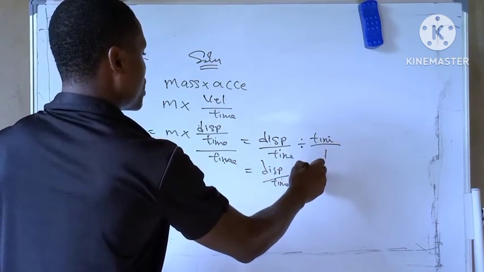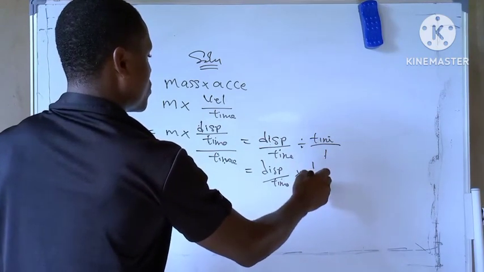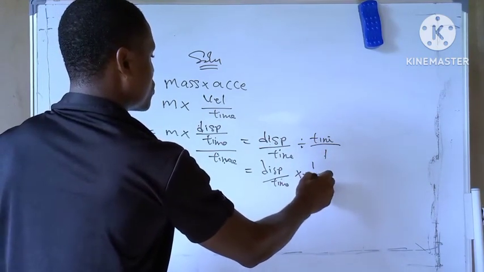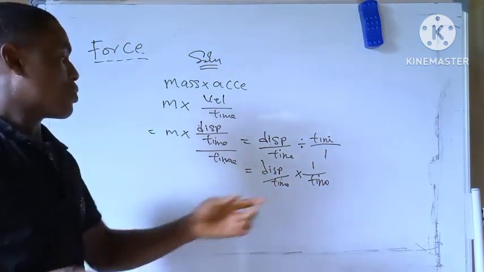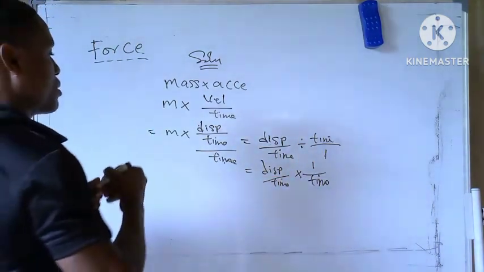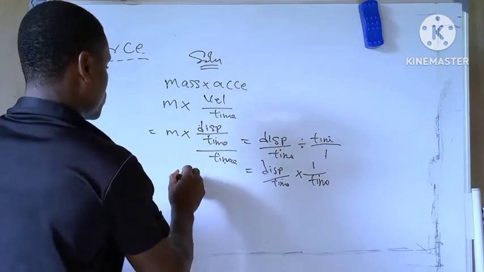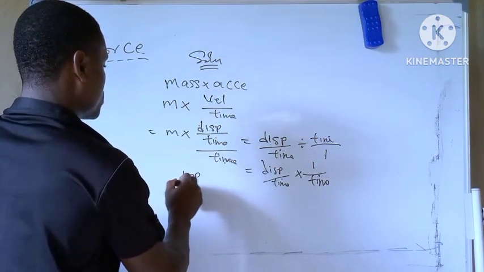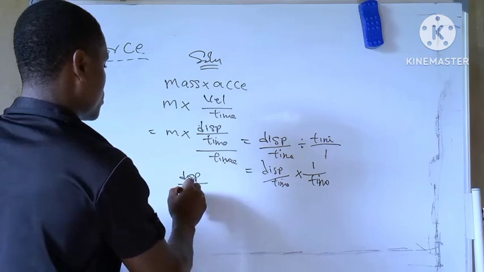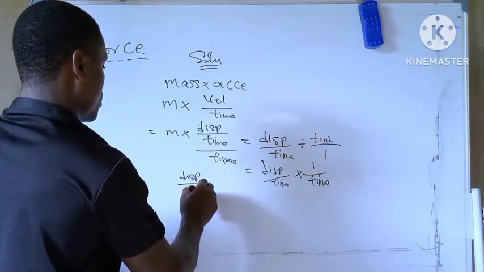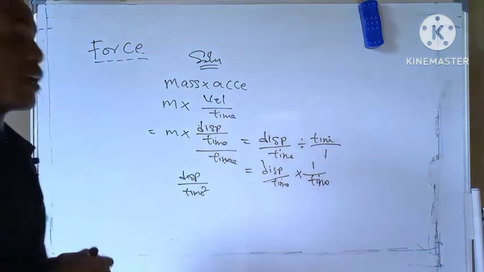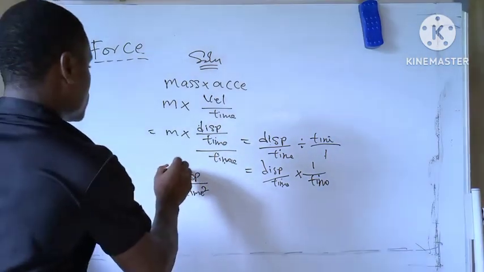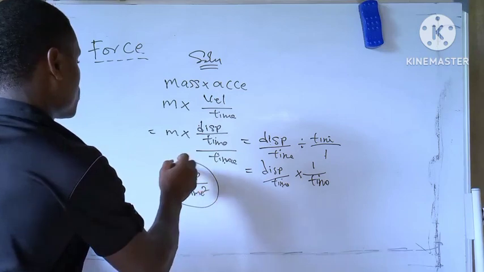This one will come to the upside, it will change to multiplication from division. So let's multiply everything. Displacement times 1 will give us displacement, all over time multiplied by time will give us time square. Are you getting it now? Displacement all over time square.